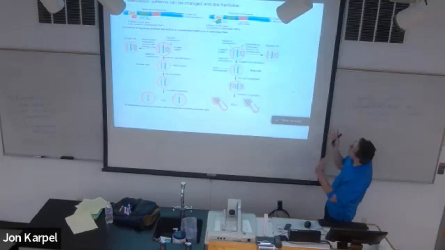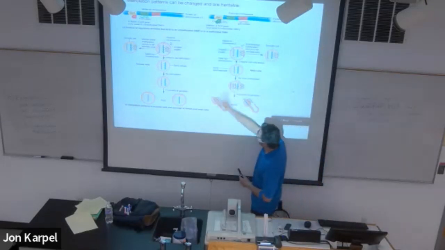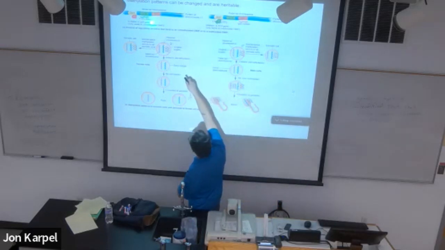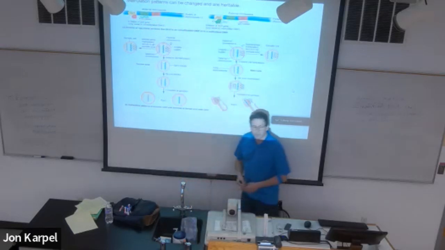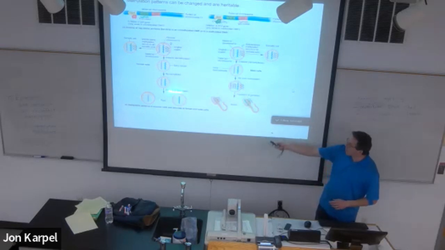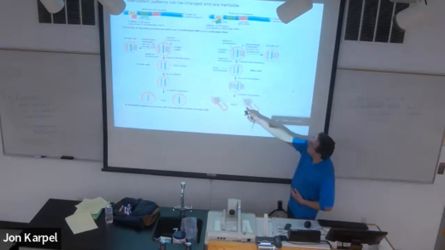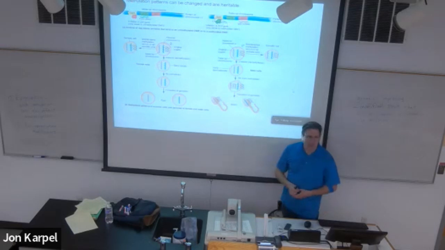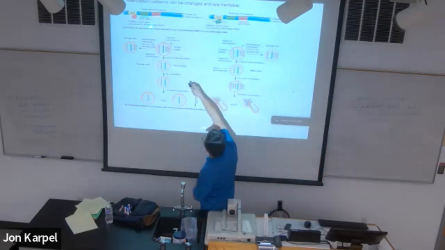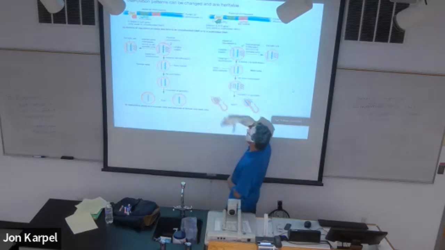I'm trying to set the stage here, because what we find is some genes that have what's called a differentially methylated region, a DMR. So the DMR, depending on if you're coming from a mom or a dad, is going to be methylated differently. And what I want to try to convince you of is that it's going to actually affect which genes are expressed, okay?